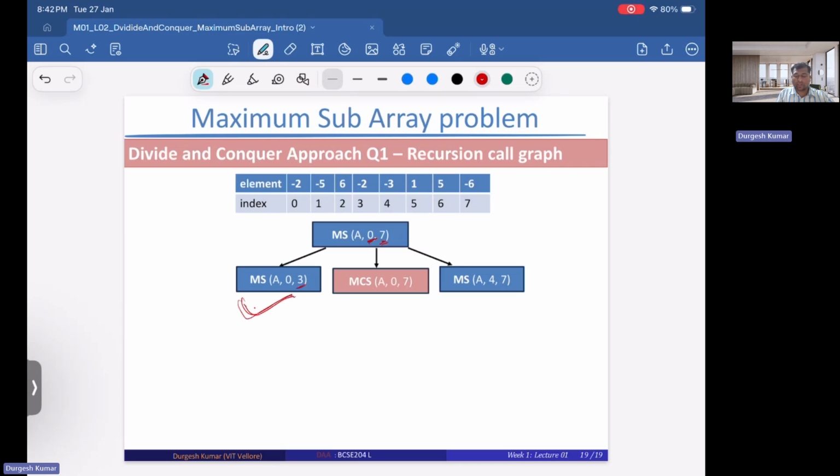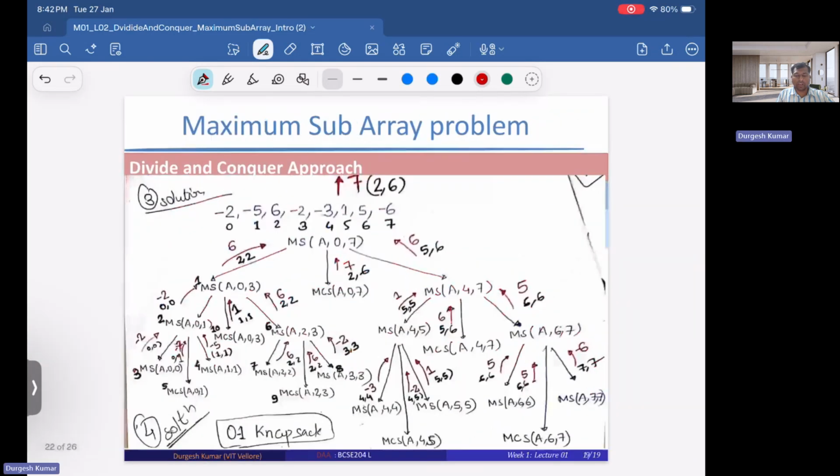So MS(A,0,3) and MS(A,4,7) will be the two recursive calls, and the third call is maximum crossing subarray (A,0,7). We'll try to complete this recursive call graph and find the solution. We'll discuss the detailed solution in the upcoming video. The total solution will look something like this.